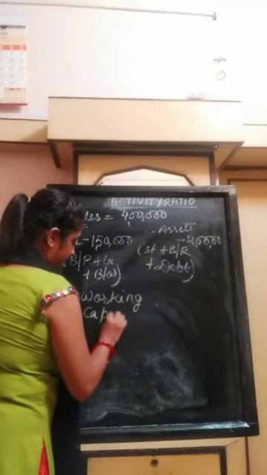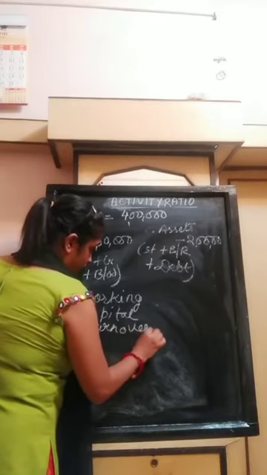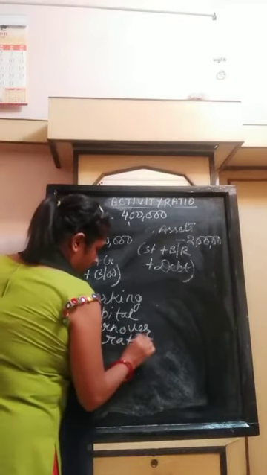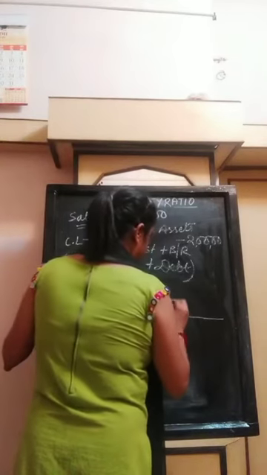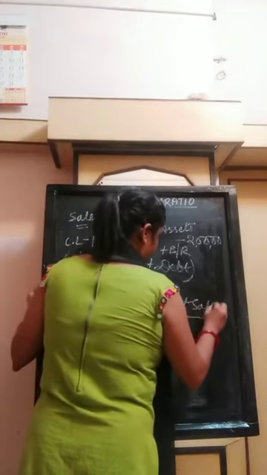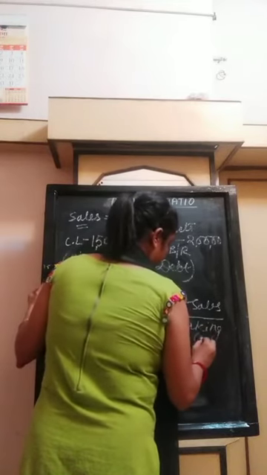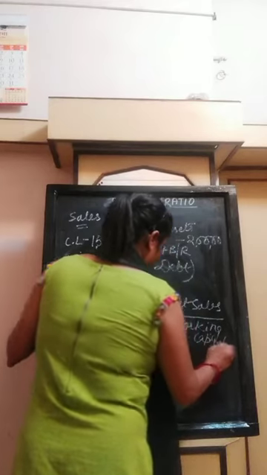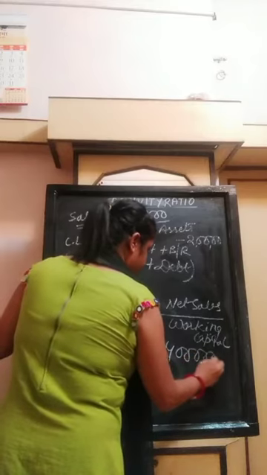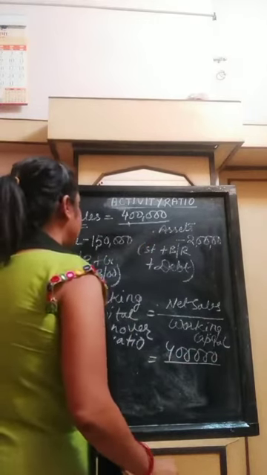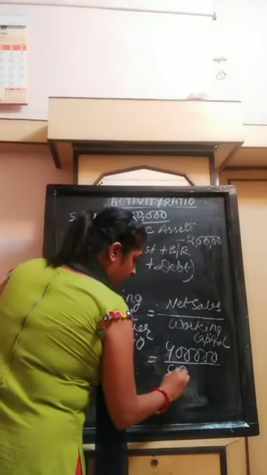The working capital turnover ratio is net sales by working capital. Now net sales is given as 4 lakh, as you can see in the sum. And working capital means current assets minus current liabilities, CA minus CL.